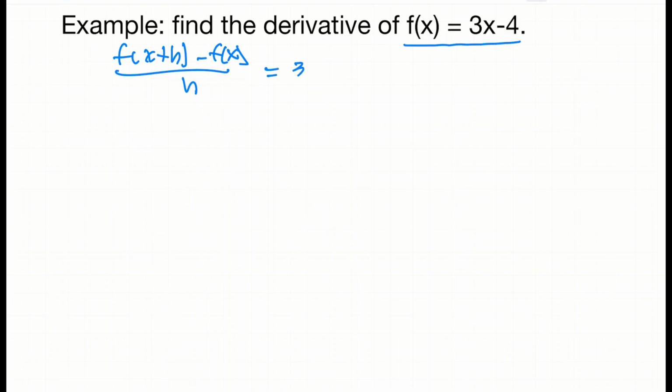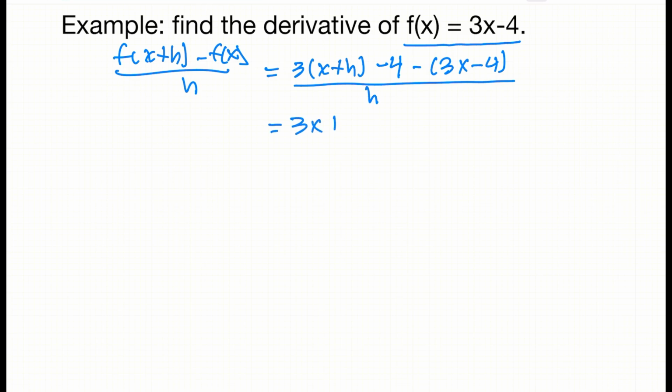Substituting that in there, that's 3 times x plus h, minus 4, minus 3x minus 4, divided by h. Now some things are going to fall out. Well, first of all, let's expand this even further. That's 3x plus 3h minus 4 minus 3x plus 4 divided by h.